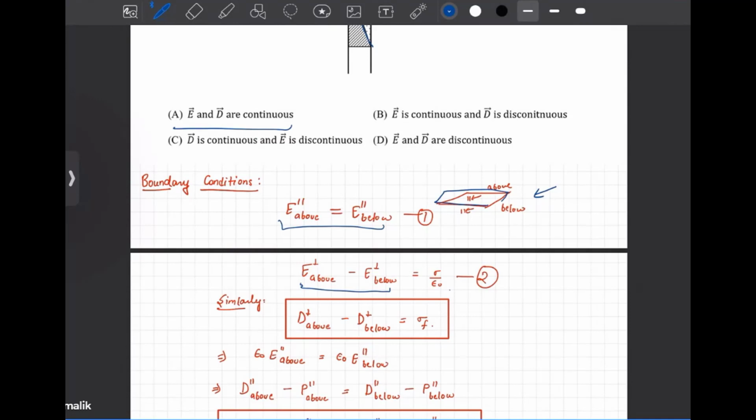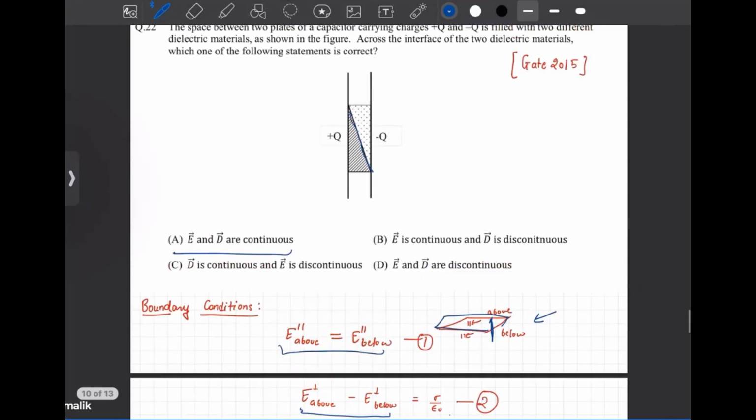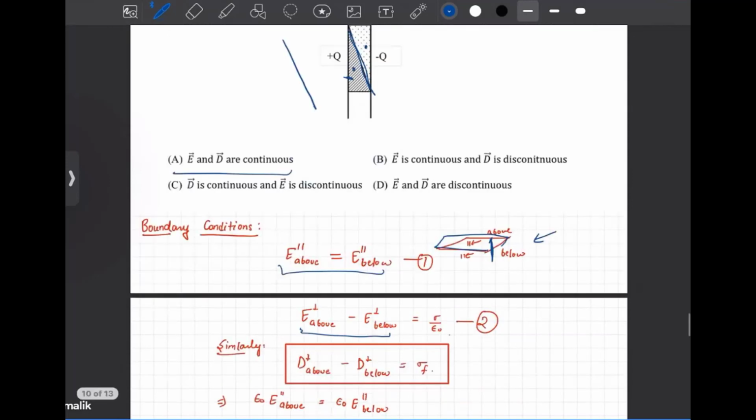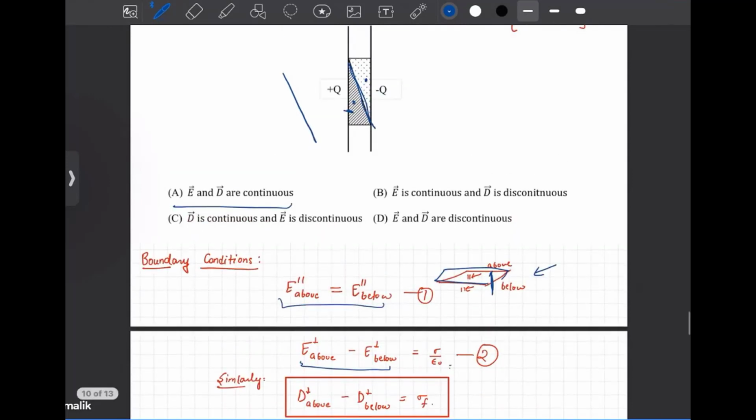So E parallel means parallel to the interface, and above and below means one side and the other side of the interface. And the perpendicular component is discontinuous by sigma upon epsilon naught.